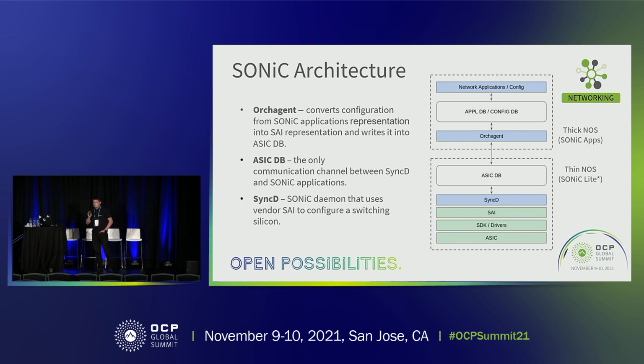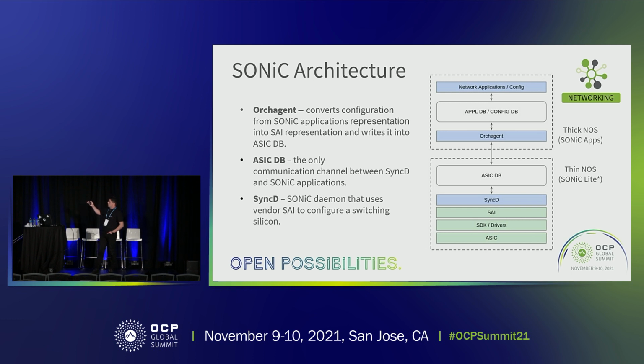The major business logic is there, the networking application that writes the information into the AppDB, then our agent that takes the configuration and converts it into SAI format and puts it into the ASIC DB. And then everything below, we can call it SONiC Lite, because with this bottom part, we still can run SAI, we still can configure ASIC, and we still can benefit from this solution.